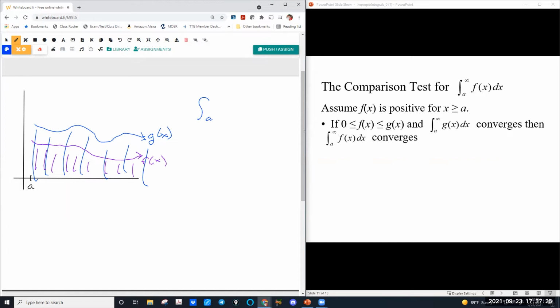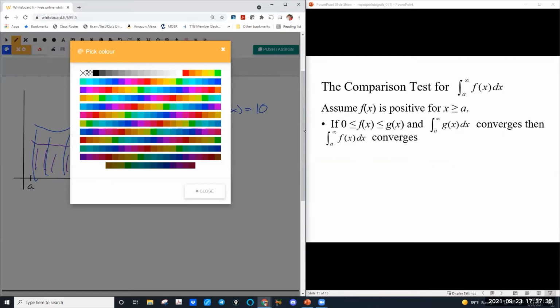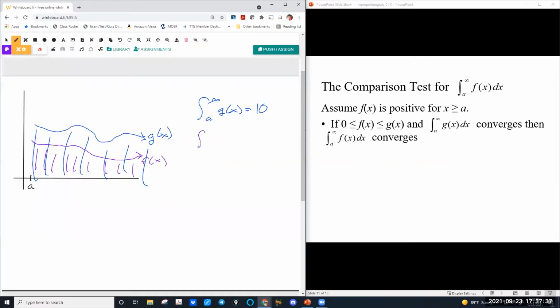Let's just say, for argument's sake, the improper integral of g of x equals 10. You know, we calculated it, we got 10. Then what we know is that because f is less than g, the improper integral of f of x dx is less than or equal to 10, so it converges.